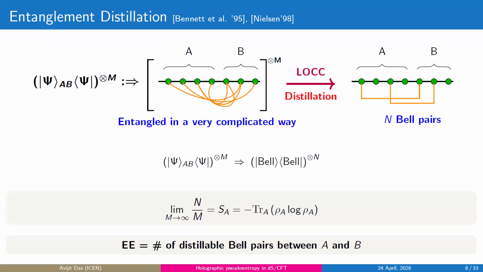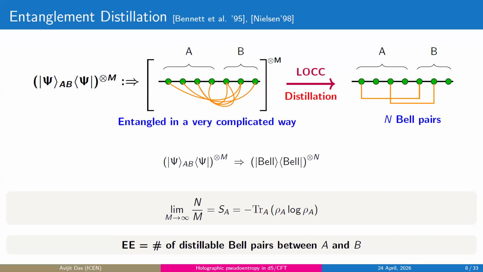As I am saying, A and B are highly quantum mechanically correlated, so you don't know what the quantum information scale is. But what you can do is LOCC. You can do some quantum mechanical measurement in A or B, and then you share the information between A and B. Once you do that, this process is called distillation. So you are kind of distilling the whole system. Then you will see that A or B are now simply a collection of Bell pairs.